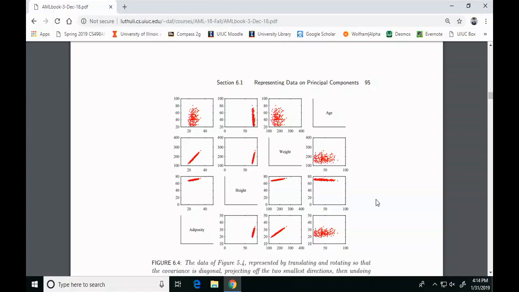Okay, so let's look at the math. We're going to take a couple of steps to do these translations. So we're going to start with our data set. Let me switch back over.